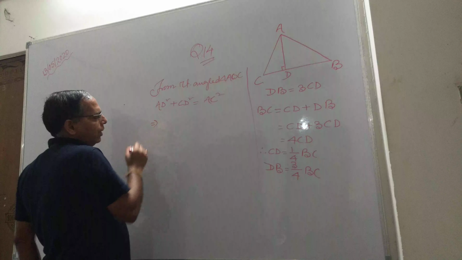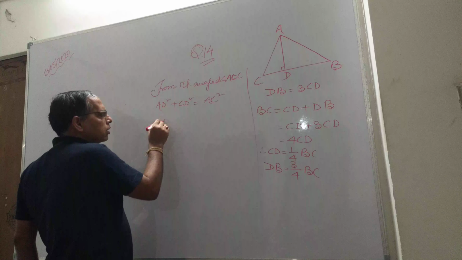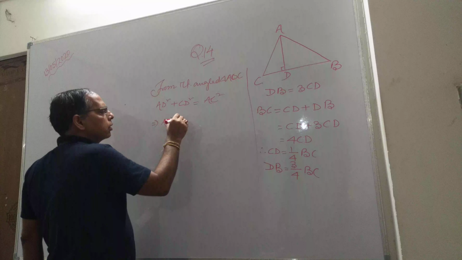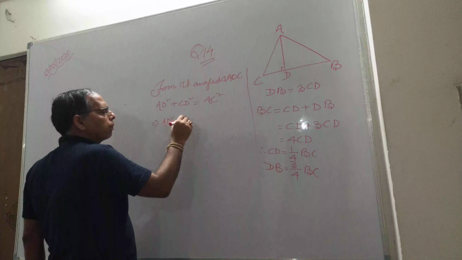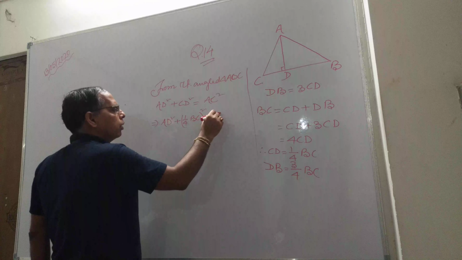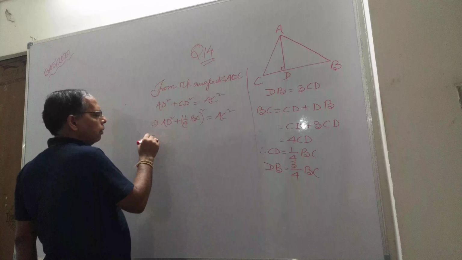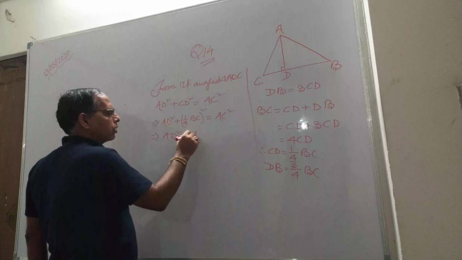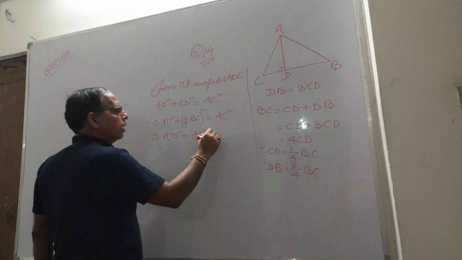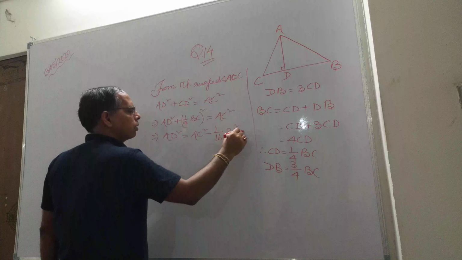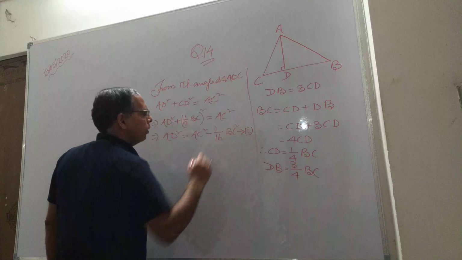Now what is AD? AD, nothing is there. What is CD? CD is 1 by 4 BC, whole square, equal to AC square. Implies AD square equal to AC square minus 1 by 16 BC square. This is equation number 1.